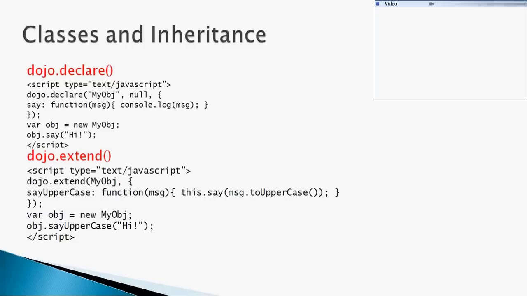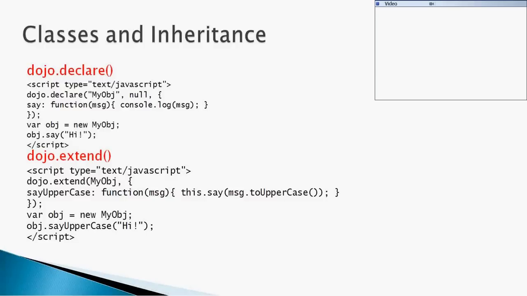Okay. Then let's come to how classes and inheritance work in JavaScript. See, by default, JavaScript doesn't provide you class kind of functionality. So everything is an object inside JavaScript. That's why I have added in the meeting that you should know a bit of JavaScript to know how things work in Dojo.